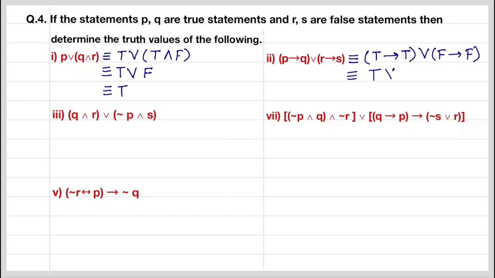T implies T is always equivalent to T. Also, F implies F is also equivalent to T. And T or T is equivalent to T. Have you understood it? Now, you solve this example. Try to solve this example. Let us see who will solve first.